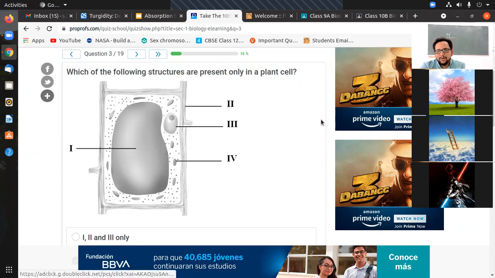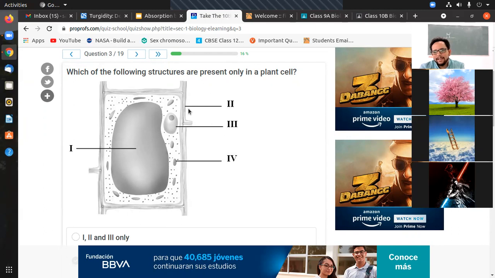I guess you all need to read the question very carefully. Which of the following structures are present only in a plant cell? They should underline this word, put it in block letters, and then you will probably notice it.